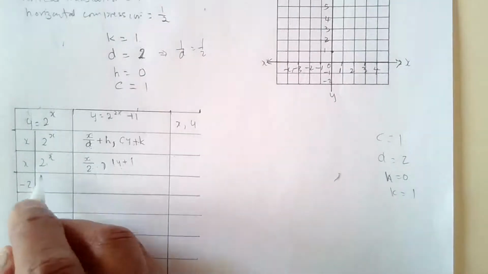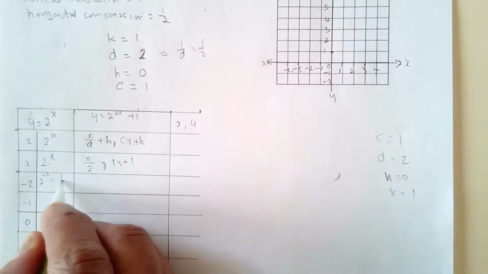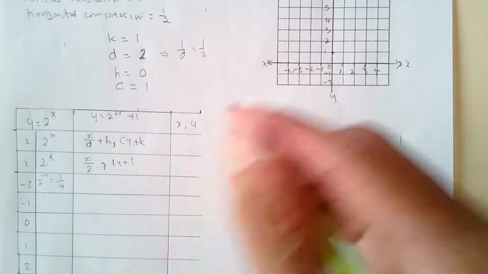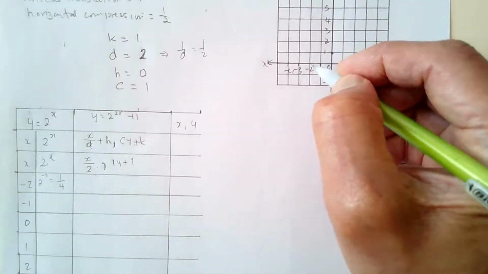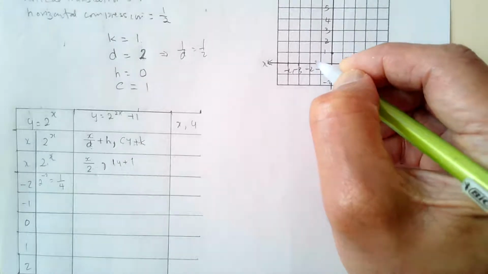Now, 2 to the x gives me 2 to the negative 2, which is 1 over 4. I'm going to sketch this graph first. And here we have negative 2 is a quarter.